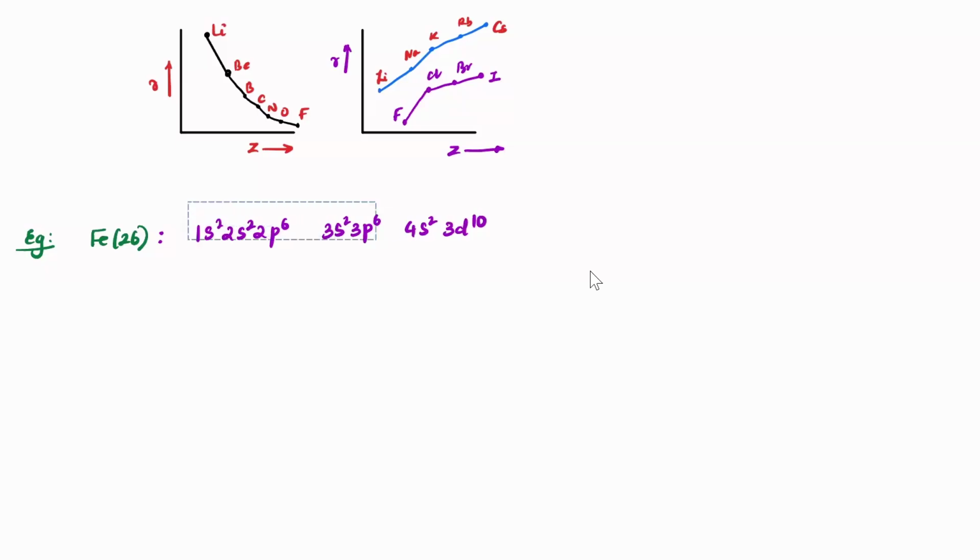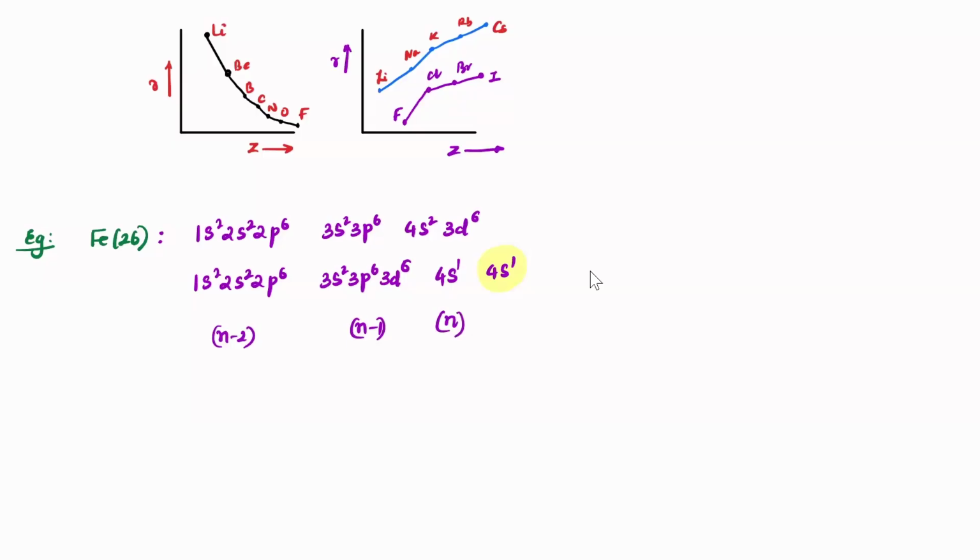But for identification of the Z effective, we need to write the elements of the same period, same shell in the same group. So 3d6, and lastly we'll have 4s1 and 4s1. This is how I write it down so that I can figure out what will be the Z effective on the last electron. Now you can see this is nth shell, this is n minus 1th shell, this is n minus 2 shell, and the number of electrons present in it.